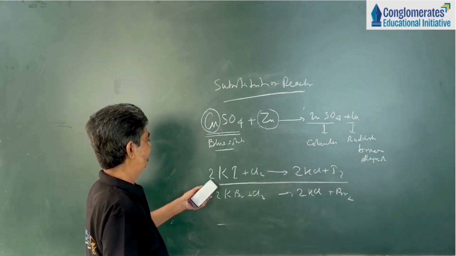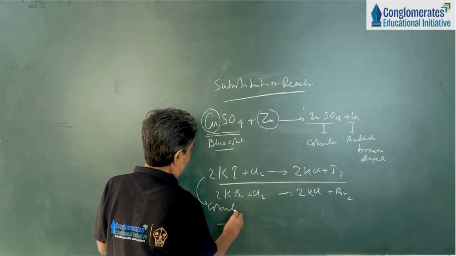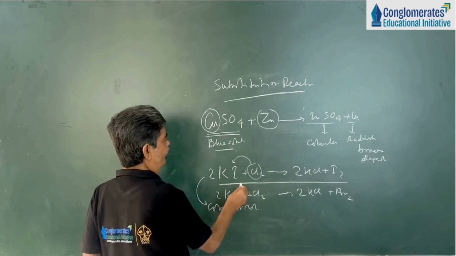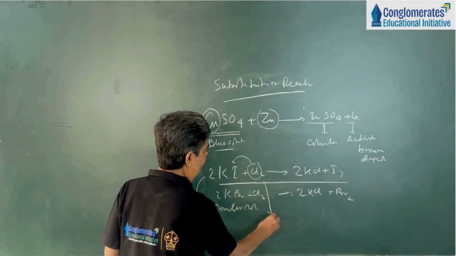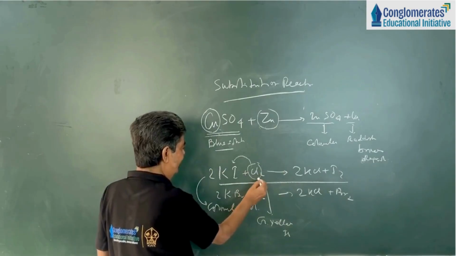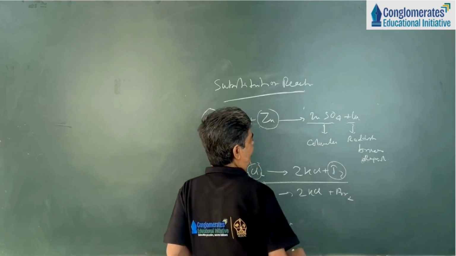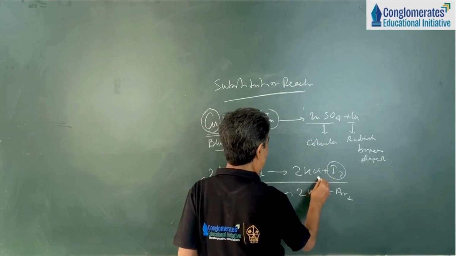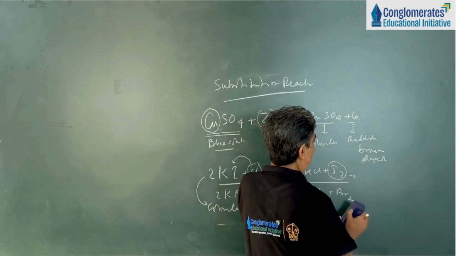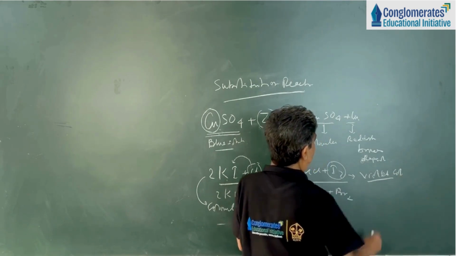Now, interesting is KI, which is a colorless solution. When chlorine gas, which is a greenish yellow gas, is passed through the colorless KI solution, we will find some violet coloration, because iodine is violet or pink colored.